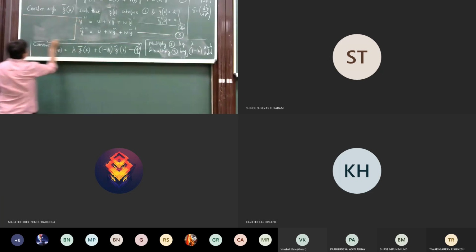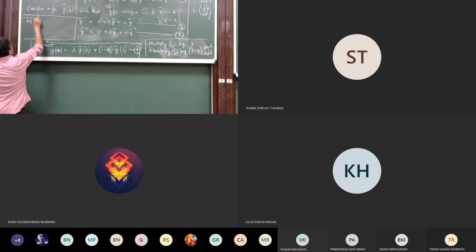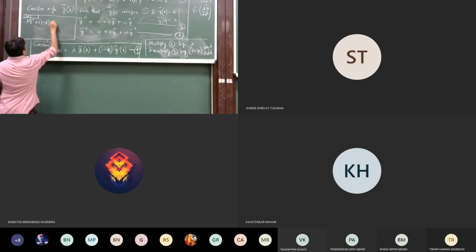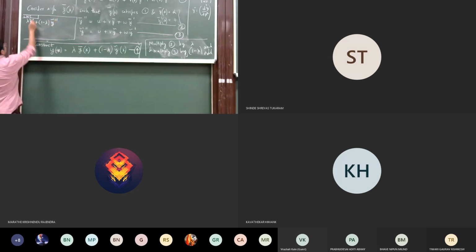So what would be the left-hand side of these two equations when you do the addition? I'm writing the left-hand side. The left-hand side would be lambda y bar double prime plus 1 minus lambda y tilde double prime, right? And what is y tilde? See, these are linear equations.